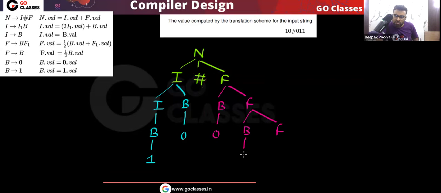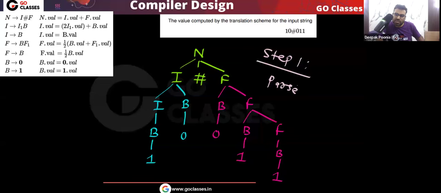Now this B will go to 1 and this F will go to B, and B will go to 1. So this is the parse tree that we get without semantic actions. This is step number 1: parse tree without semantic actions.